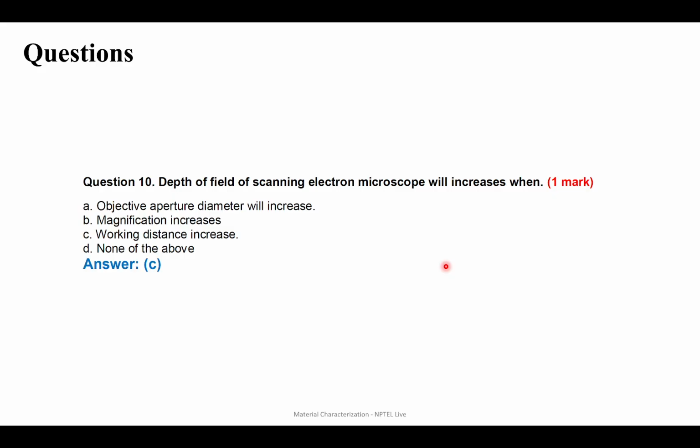So the correct answer is C. If you increase your aperture diameter, you will increase your alpha. That will reduce your depth of field. If you increase your magnification, that will also decrease your depth of field. But if you increase your working distance, that will increase your depth of field. So the correct answer is C.